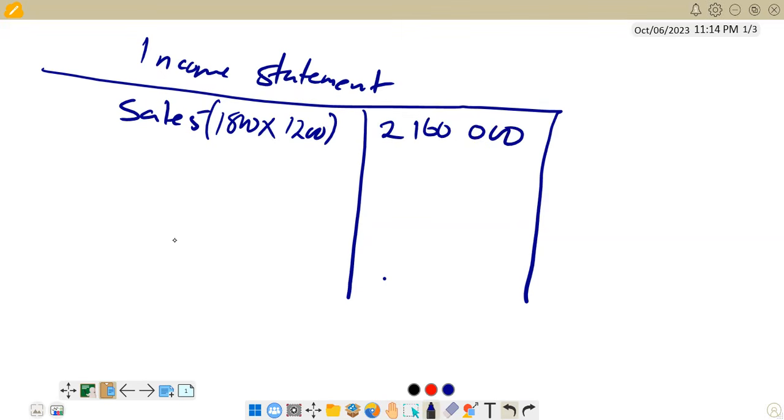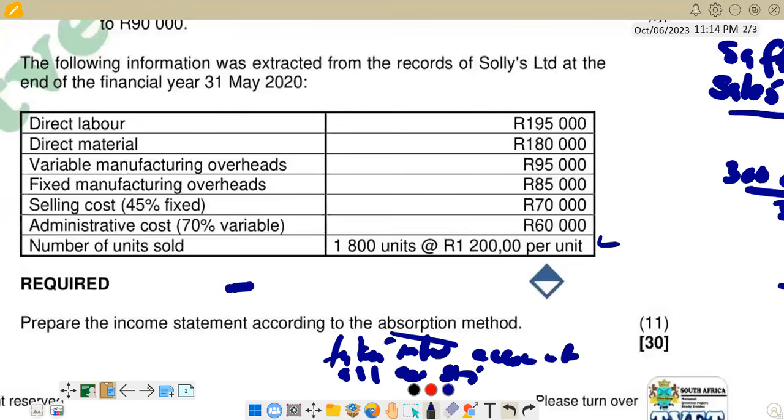Right. Then from there, we are going to list all the production costs that are there in the question. Less production costs. Remember, it's absorption, so we are taking all the costs into account. If you come here, we start with the direct labor, which is 195.